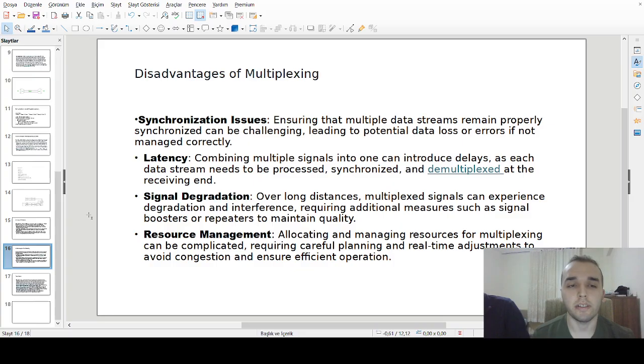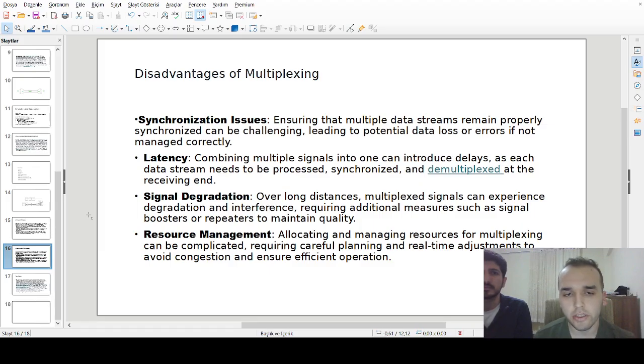Disadvantages of multiplexing: synchronization issues. Ensuring that multiple data streams remain properly synchronized can be challenging, leading to potential data loss or errors if not managed correctly. Latency: combining multiple signals into one can introduce delays as each data stream needs to be processed, synchronized, and demultiplexed at the receiving end.